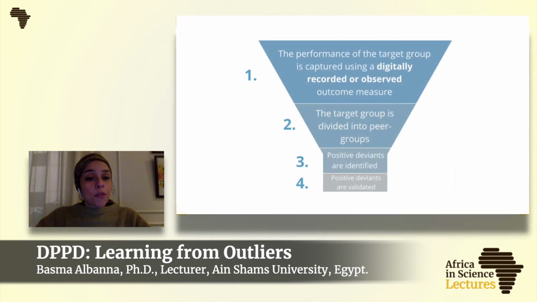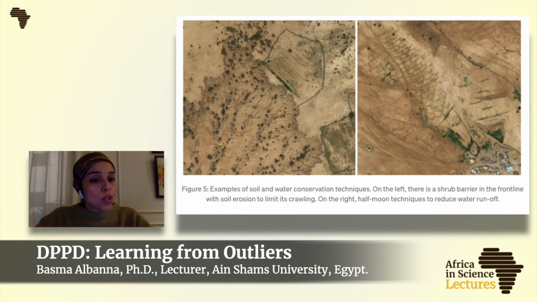After identifying the positive deviants, it's extremely important to validate them, because with big data comes a lot of noise, and you want to ensure that what you're identifying is not just noise, but is actually leading to something of value before doing the costly process of field work and uncovering the underlying practices. And here we used high-resolution imagery on the communities that we suspected are potential positive deviants.